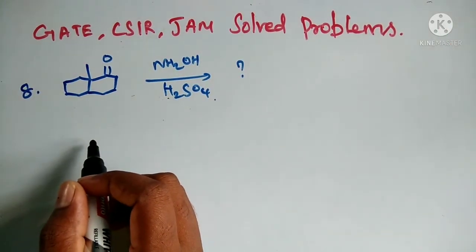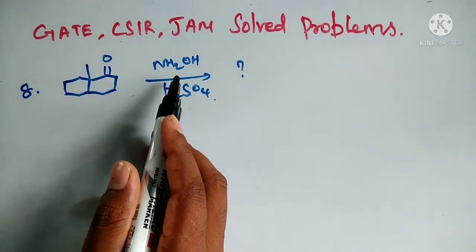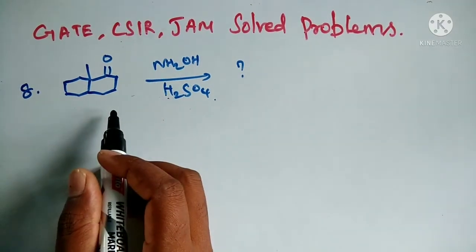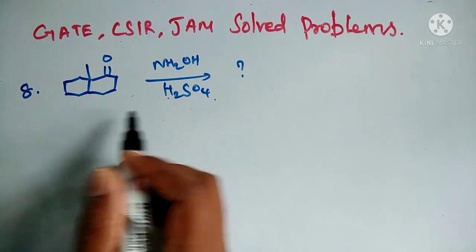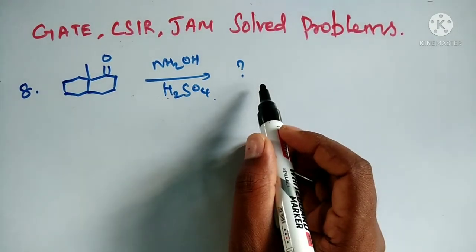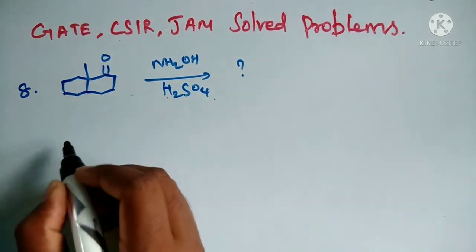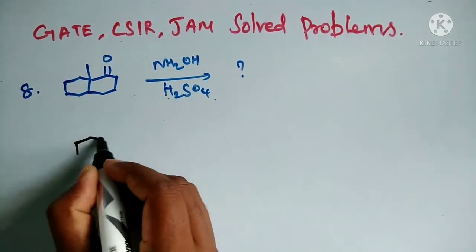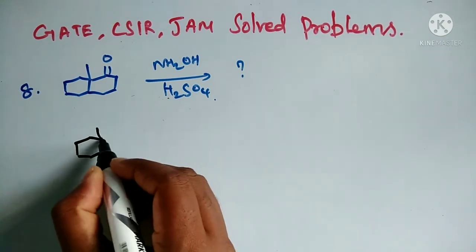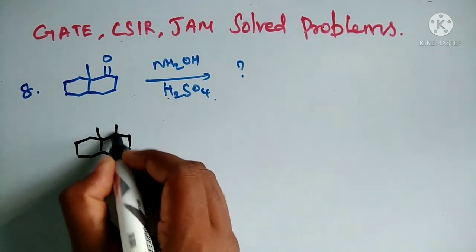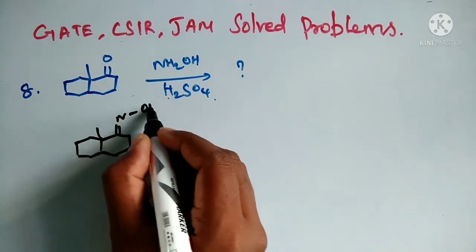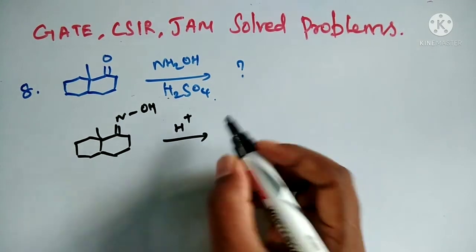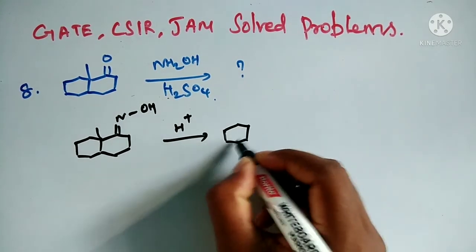Look at this problem. The presence of hydroxylamine, acid, it's a Beckmann rearrangement. What is the major product formation in the reaction? The first step is oxime formation. Next step, presence of acid, the hydroxyl group gets protonated.